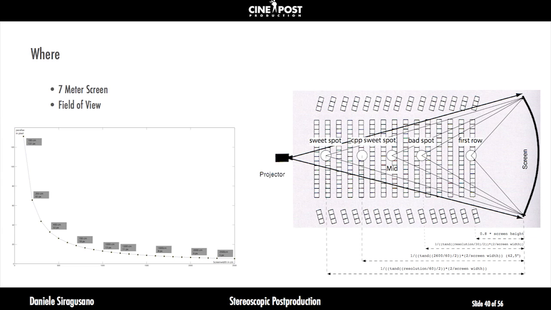But I have plotted here, for example, the screen width in meters, and here is the absolute positive parallax until you reach the interocular distance on the screen. For pretty small screens, you can have a lot of pixels until you reach the interocular distance.